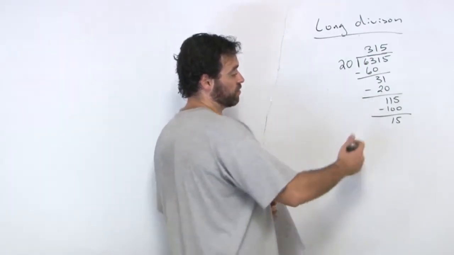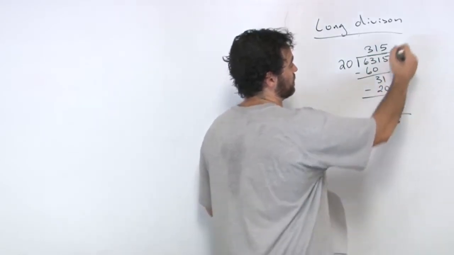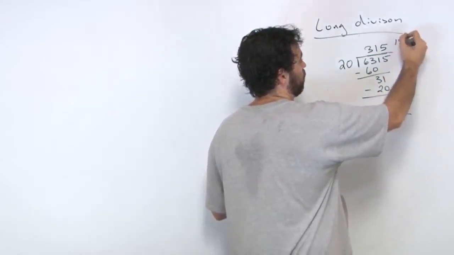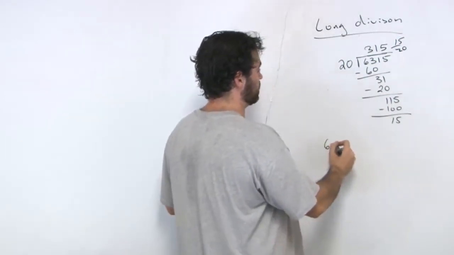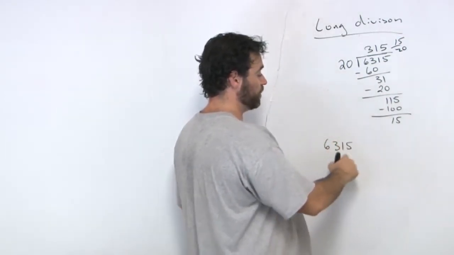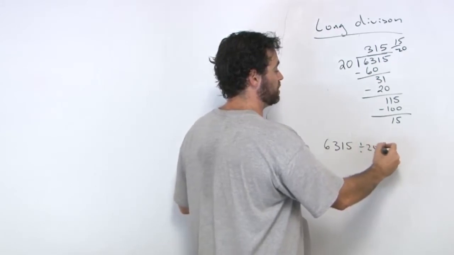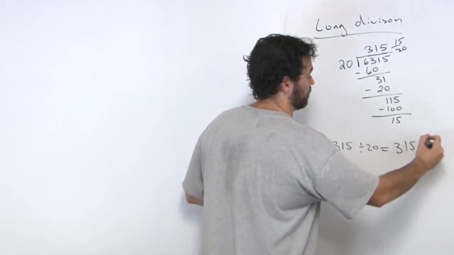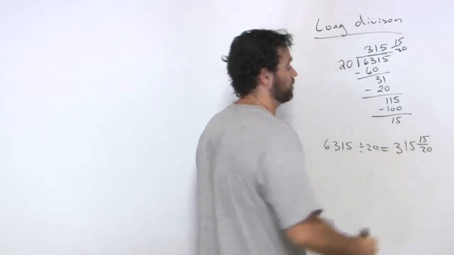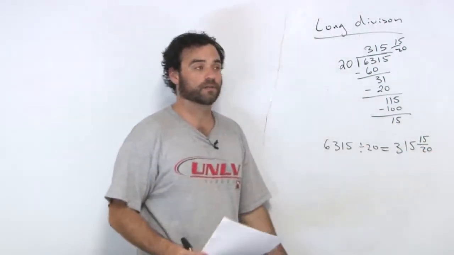This is going to be a remainder, but we could write it out as 15 over 20. So we could say that 6,315 divided by 20 is equal to 315 and 15 over 20, our remainder over our divisor.